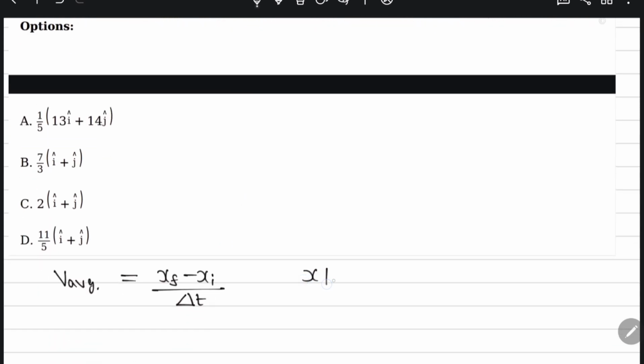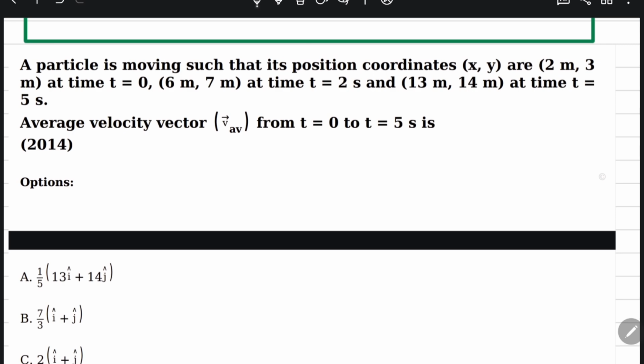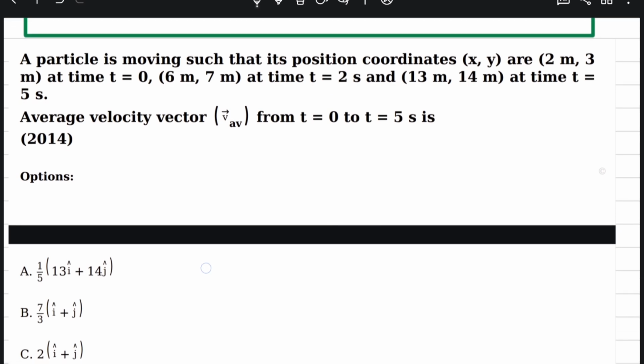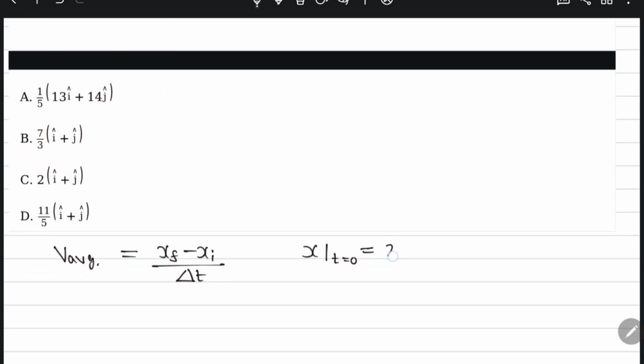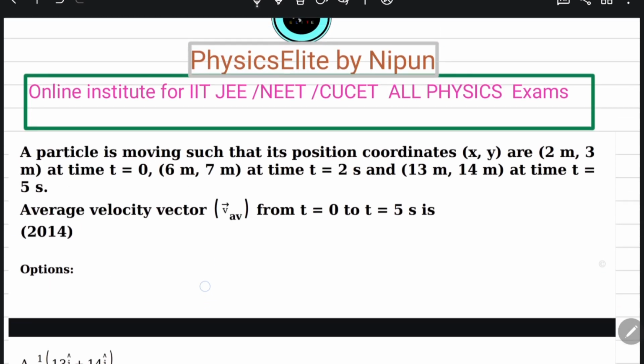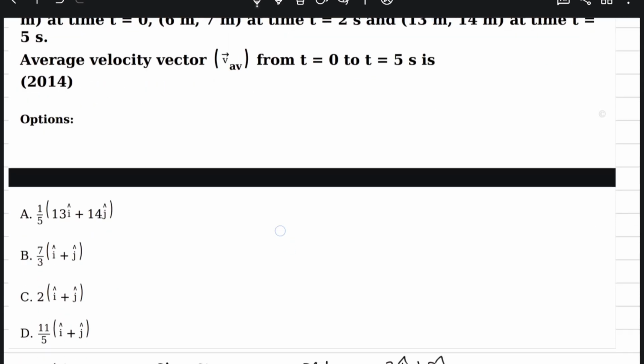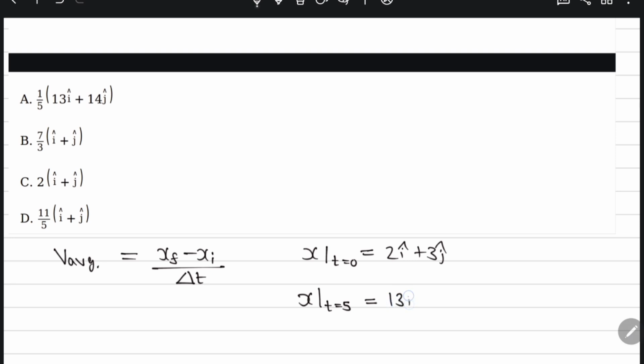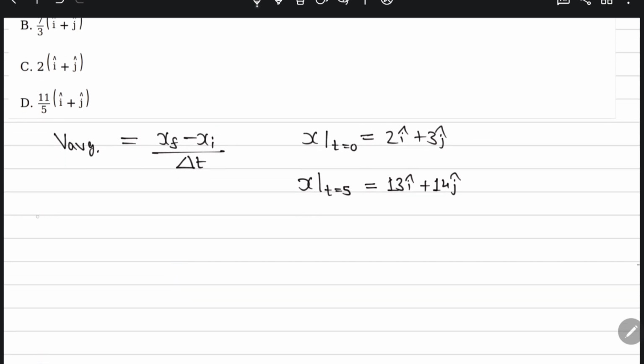The position at t is equal to 0 is 2 meter and 3 meter, means 2 i cap plus 3 j cap. The position at t is equal to 5 seconds is 13 meter and 14 meter, 13 i cap plus 14 j cap. Now we just have to directly put in the value of average velocity.